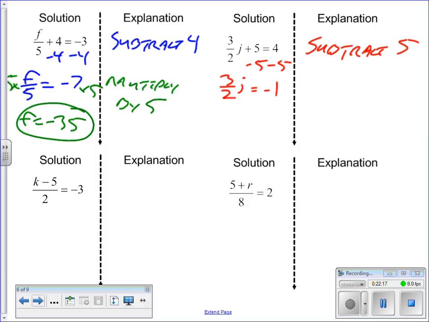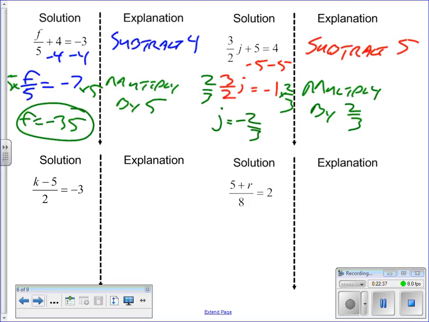Multiply by the reciprocal, which in this case is 2/3. 2/3 times 2/3. J equals -2/3. Easy peasy. I tried to do one of every possibility. The numbers will be different to protect the answers, but every one of these, add, subtract, multiply, divide, I tried to give ones of every possibility.